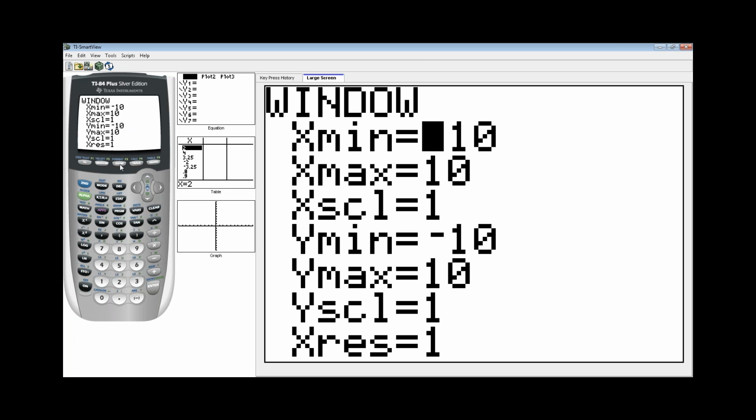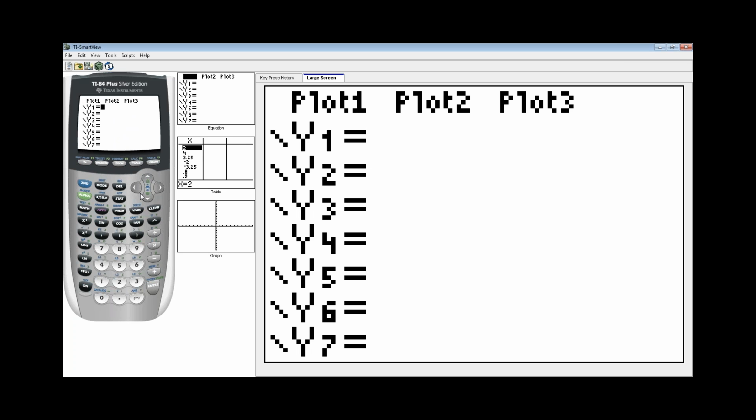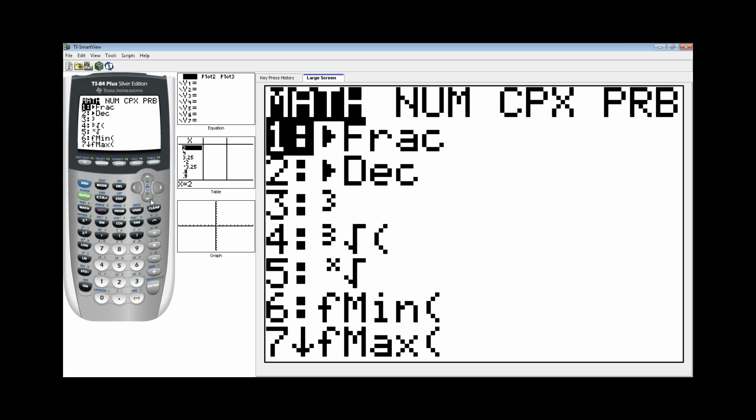Or you could use a shortcut. I'll show you another shortcut to make sure your window fits. There are a lot of ways you can do the same thing with the graphing calculator. Anyway, if we go to y equals and we want to graph the cube root of x, we press math, and then select the cube root, which is option 4.